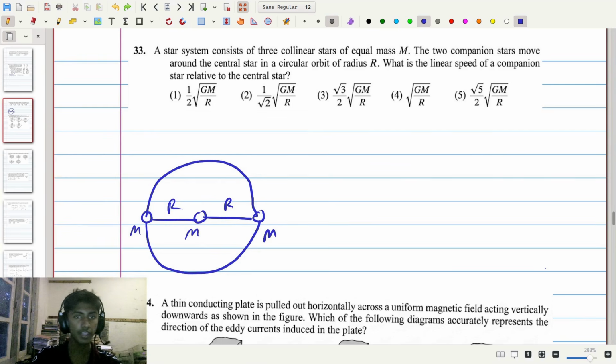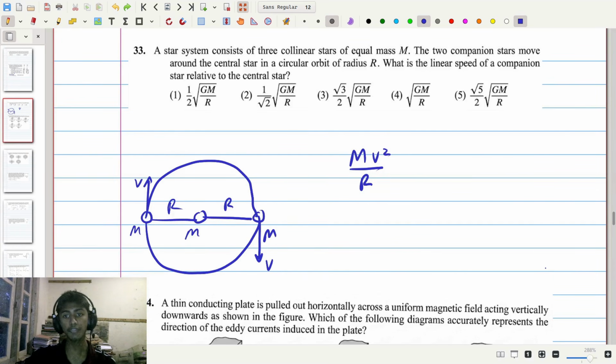Now in this case, let's assume that this star system is perfectly stable, and therefore if the tangential velocity here is v, the tangential velocity on this side is also v, and when these stars orbit, their orbits are perfectly circular. Therefore the centripetal force on this star, which is going to be m v squared divided by r, is equal to the force of gravity applied by this star and this star on this companion star.